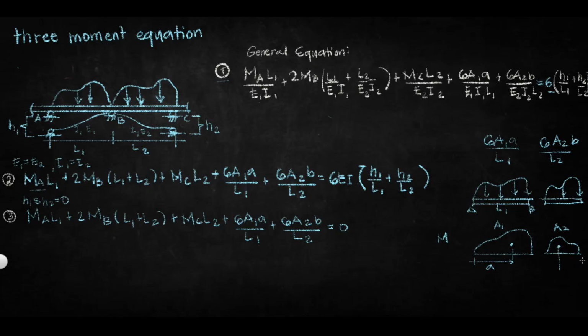So, yung B here, as you can see, is the distance naman from the right. Ito yung B sa formula natin. And of course, L2 here is yung length po ng span or right span. Okay? So, ganun lang po siya. Okay, so let's proceed to the example.